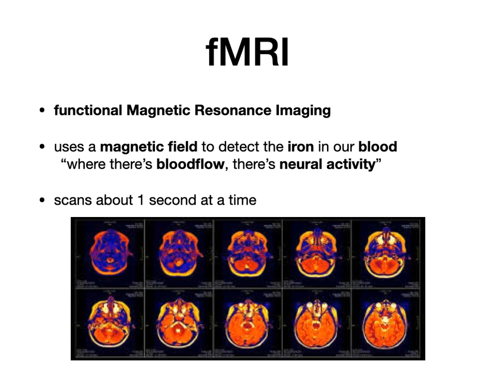So this scan at the bottom, it's different slices. The way that fMRI works is it will scan one slice of your head at a time, and it passes over you. It takes about 1 second to get a full scan of your head.